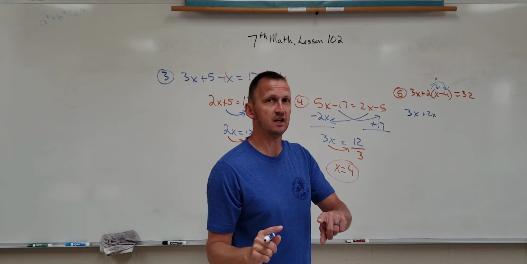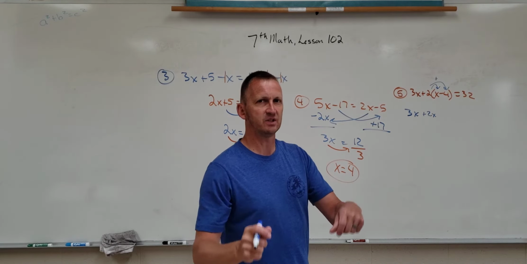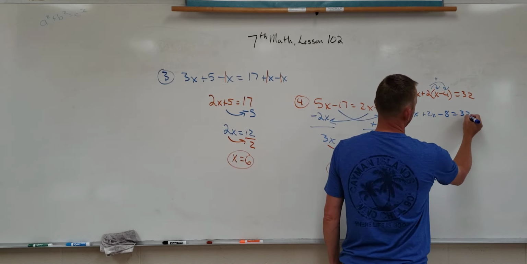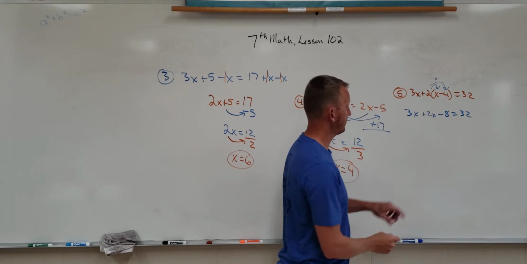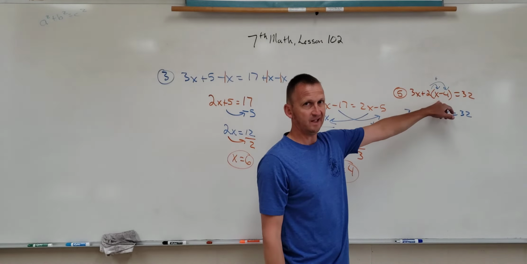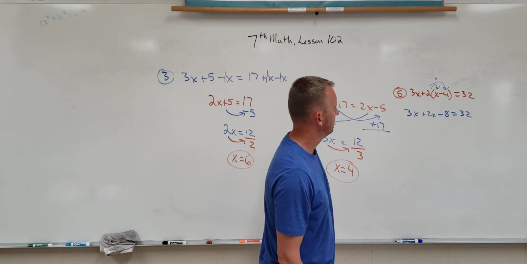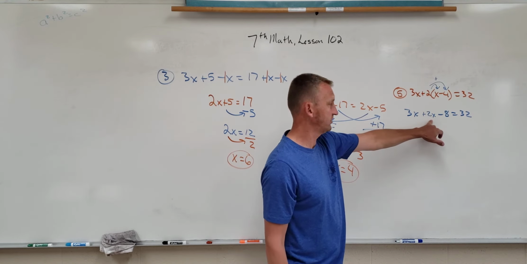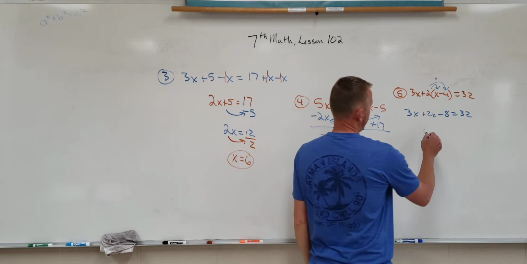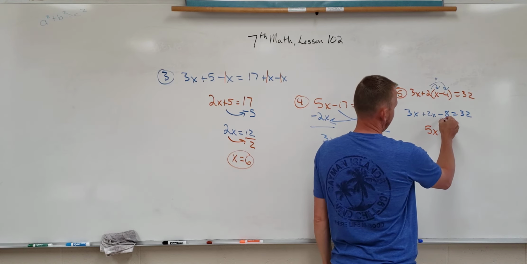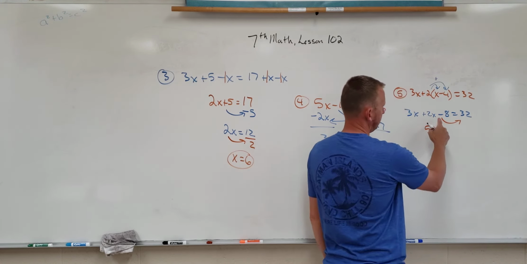Pay attention to your signs. Positive times a negative, negative 8. So distributive property when we have this. And pay attention to your signs. So now on this side, 3 plus 2, these are like terms, gives me 5x. I'm going to take my 8 and bring it over to the opposite.